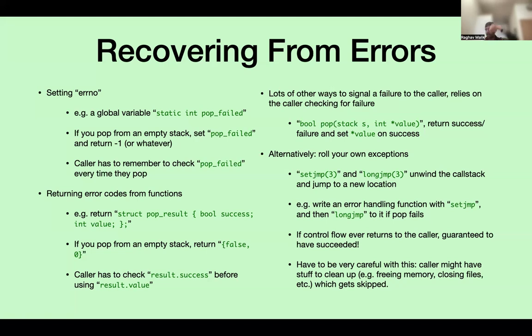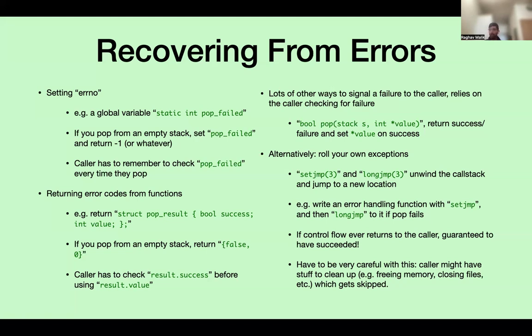Otherwise, longjmp to that pop error handler. That way, the pop function would never return back to whoever called it if it failed, because it would immediately jump to the error handler. And so you can write code basically assuming that pop succeeded, because if it didn't, you wouldn't be running that code. It's like a goto function.